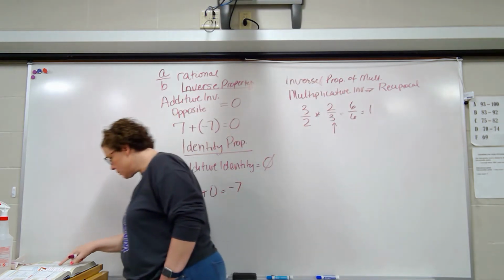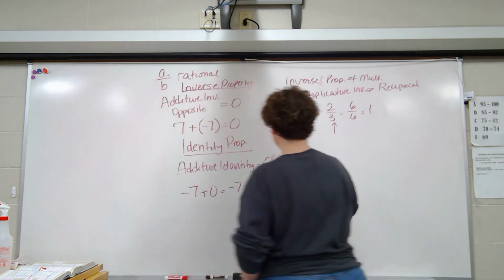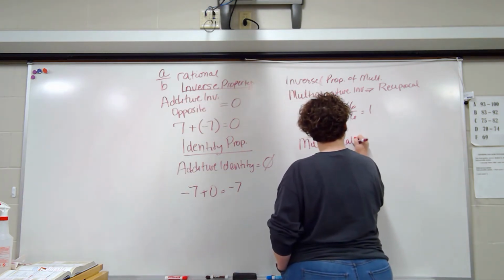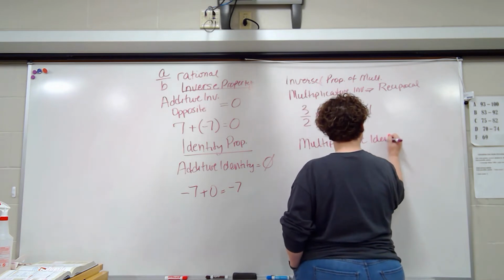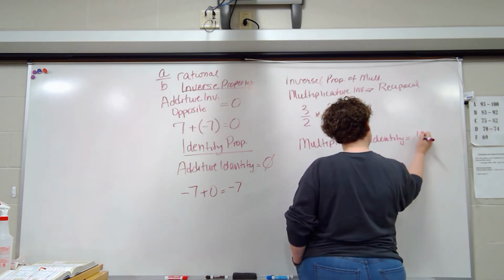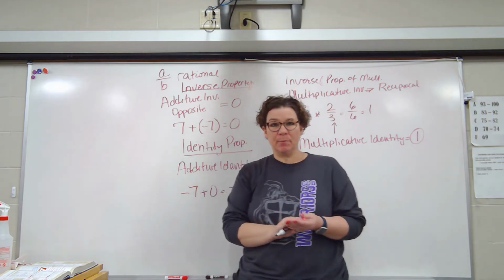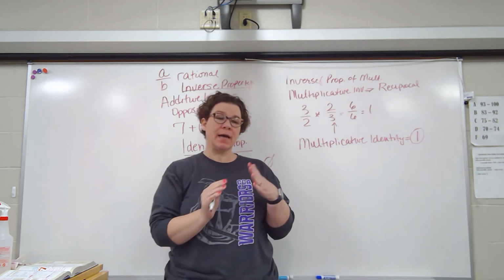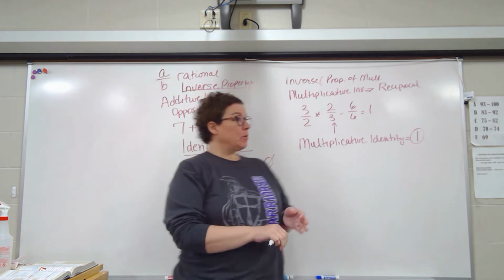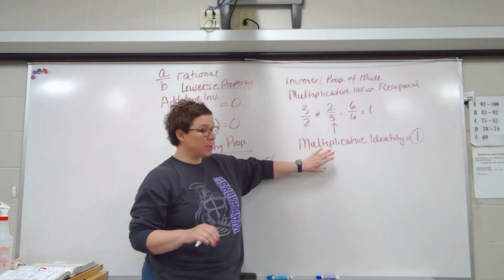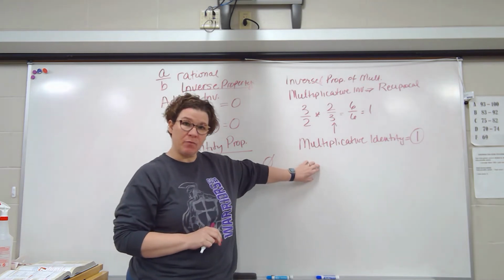The multiplicative identity is 1. All right? Because if I multiply any number times 1, I get any number. So when you think of identity properties for multiplication, you need to think of 1.